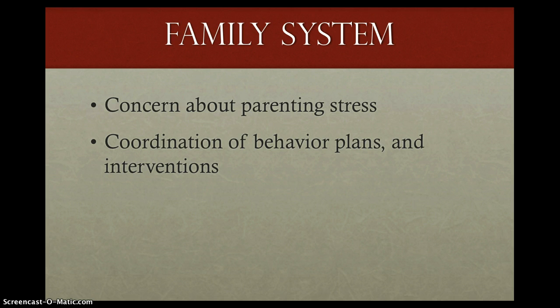And then again, being concerned about what is the parental stress? How can we work with parents and coordinate behavior plans and interventions that we want to see continue in the home in a very positive way, and have good communication with the parents throughout this whole process.